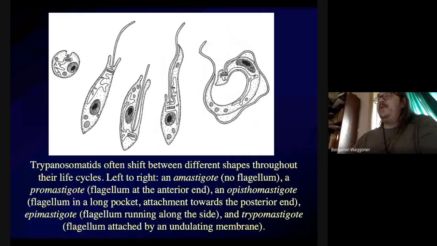Epimastigotes, the flagellum emerges from the middle of the cell and runs along the side. And then trypomastigotes are what we just saw, where the flagellum is attached to the length of the cell by an undulating membrane, a fold of the plasma membrane that makes what amounts to a fin.